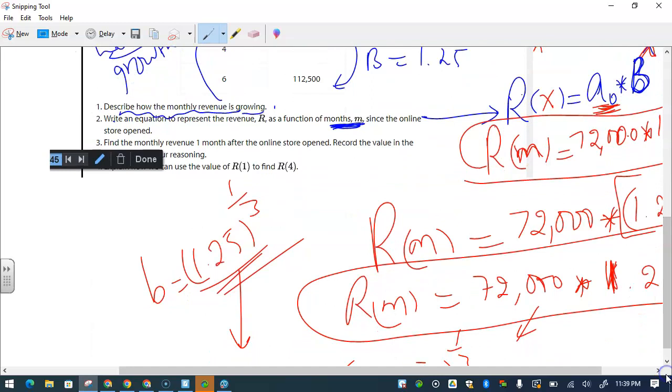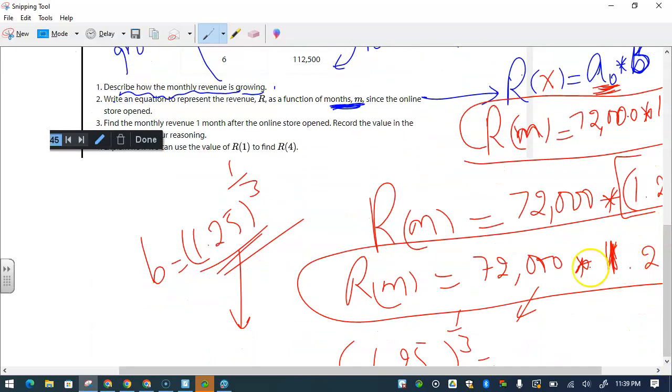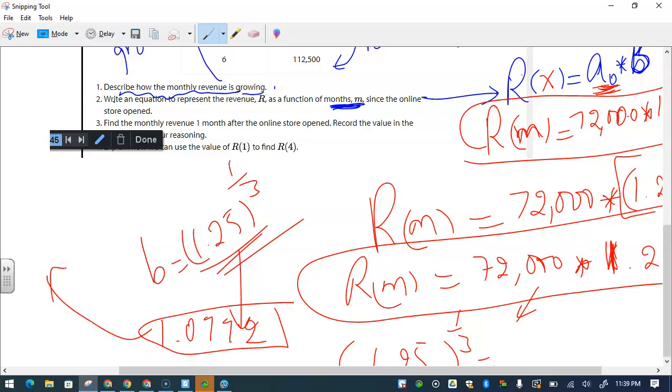Here it is, 1.0772. So this growth factor, you see, is the growth factor for every month, and you can always write it as 1 plus 0.0772, and that can be written as 7.72%.